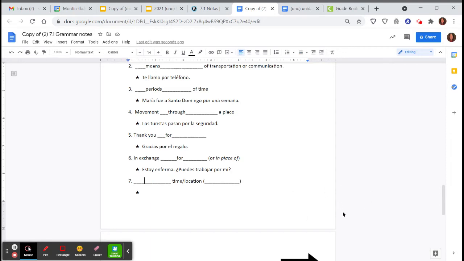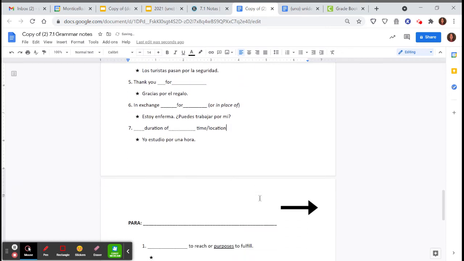And the last one is duration of time. I know we have periods of time, duration of time. That's the same thing here. So yo estudio por una hora. So I study for an hour.